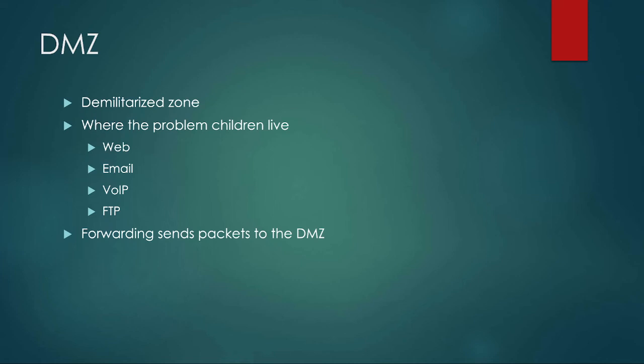The reason that you want to do this is because these are going to be some of the more problematic applications. They have to have public availability. If you have a website, you probably want people to go to your website. Therefore, you have to open it to the outside world. As soon as we open things to the outside world, it all just goes downhill. So we want to have some extra protections.